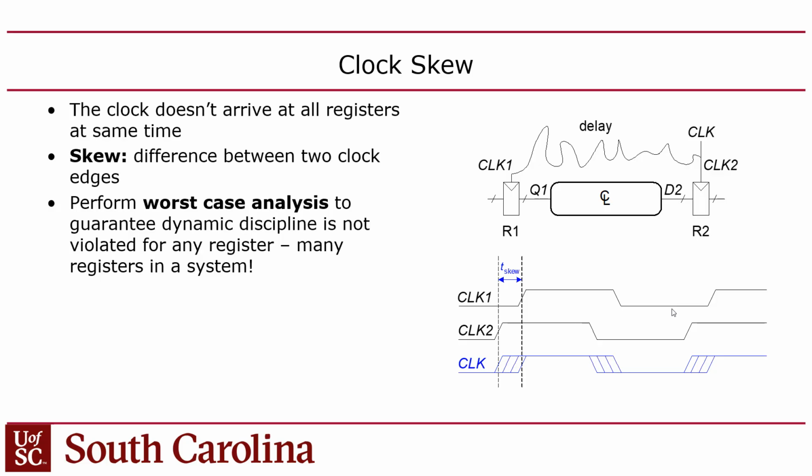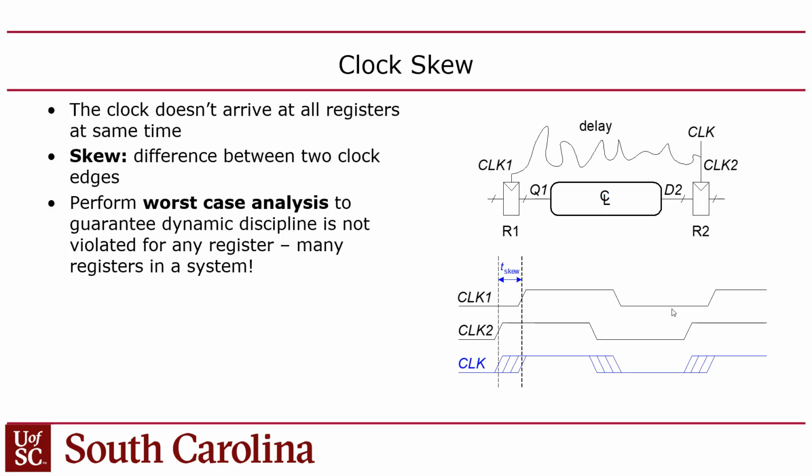In other words, the clock skew makes it look like there's extra delay coming into the combinational logic circuit. It's not really extra delay, it's just extra delay relative to when it has to be ready for the propagation delay, right? And then, of course, the opposite is true for hold time.